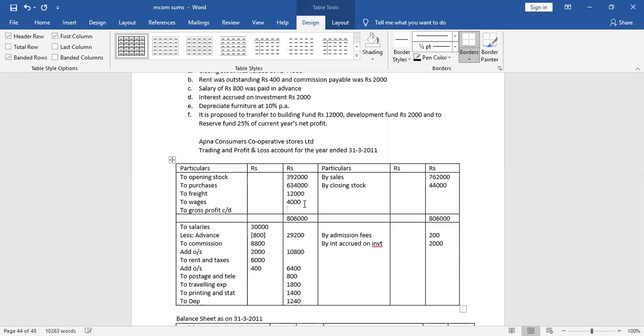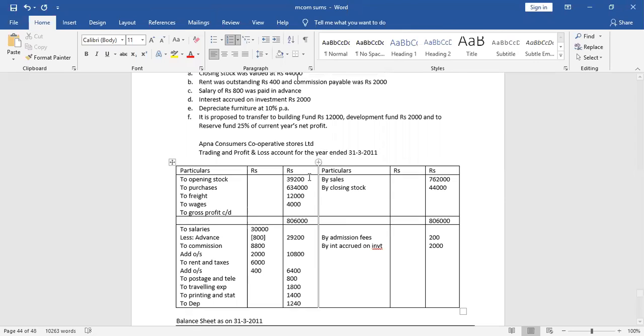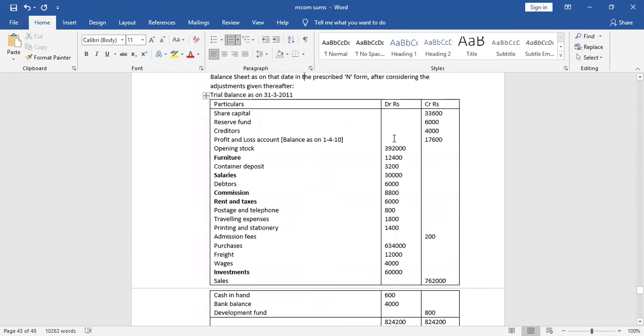Minus, and see what you're getting. Sorry, I guess this is a mistake in the textbook solution. It should be 3,39,200 only. The question was correct, but in the solution it is a mistake.